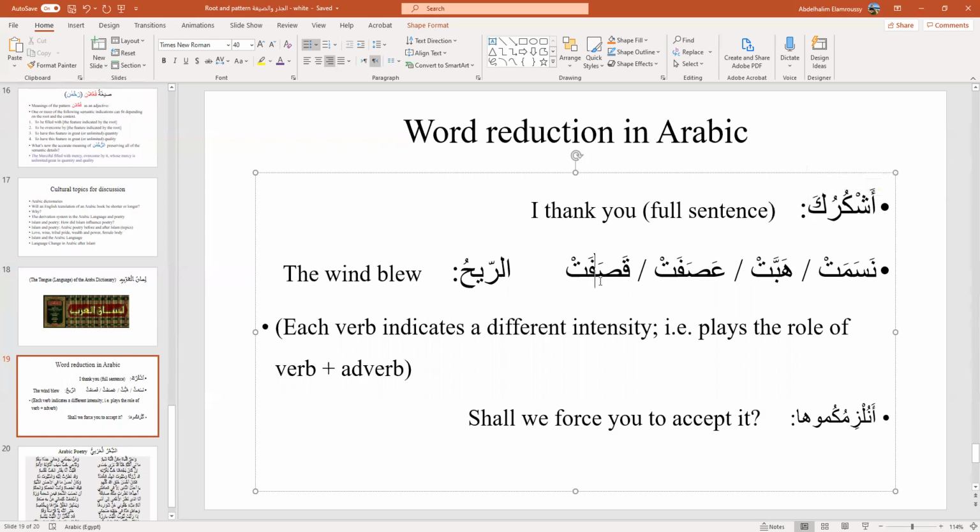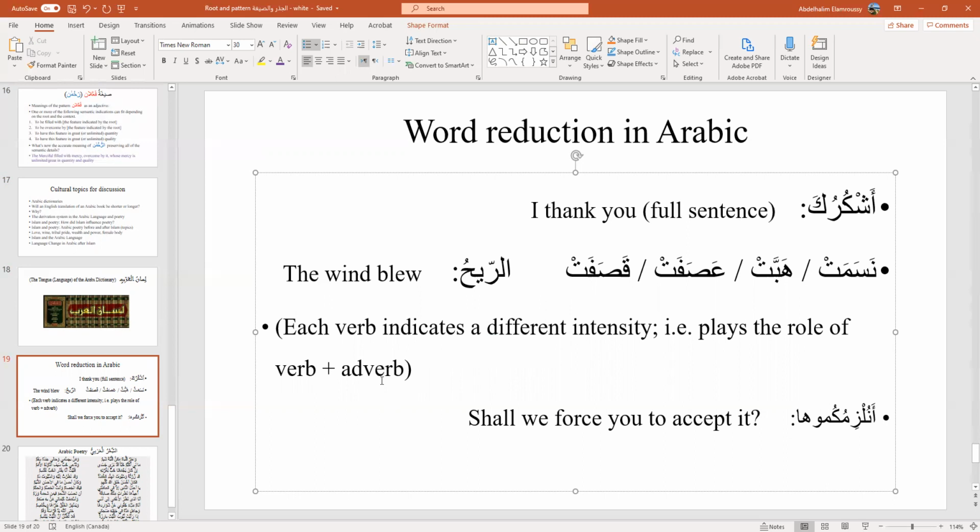Also in Arabic, when it comes to verbs, you can have verbs indicating different intensities. For example, if you like to say in English, the wind blew. In English, you'll need an adverb in order to indicate the intensity, like the wind blew gently, for instance, or anything that will indicate the intensity. In Arabic, you won't do that.